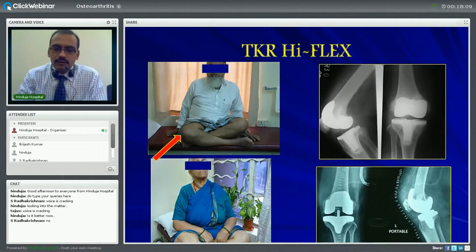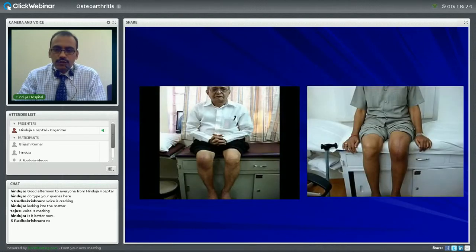These are a few patients sitting cross-legged, with their knee replacement X-rays. This particular lady underwent both knee surgeries. She is comfortable and doing all her normal activities. I'll show you in the next slides a few patients' videos after joint replacement surgery performing squatting, sitting cross-legged, and sitting on the floor.